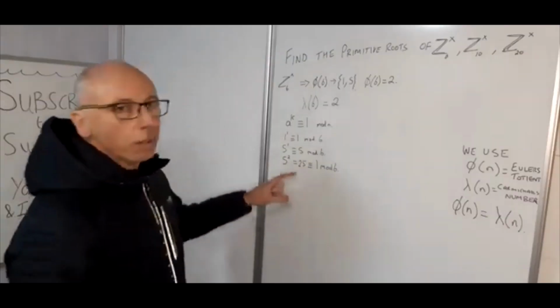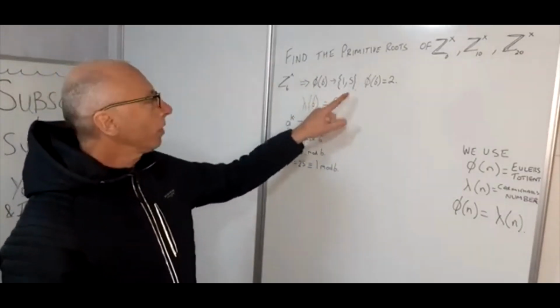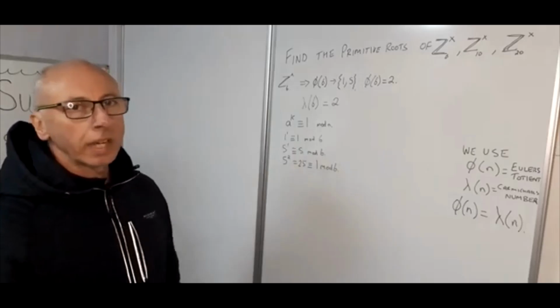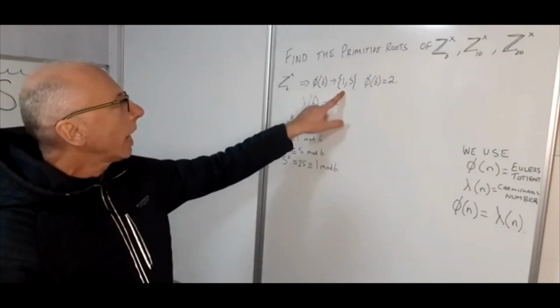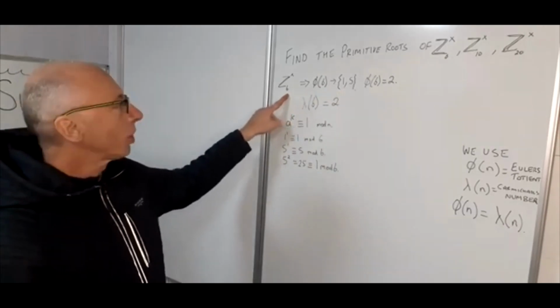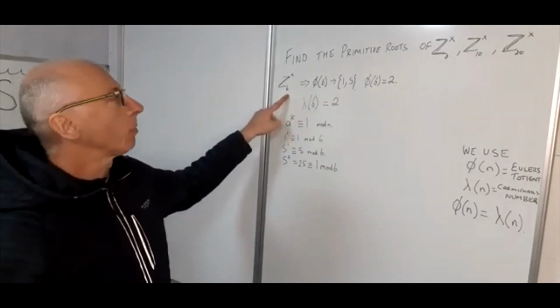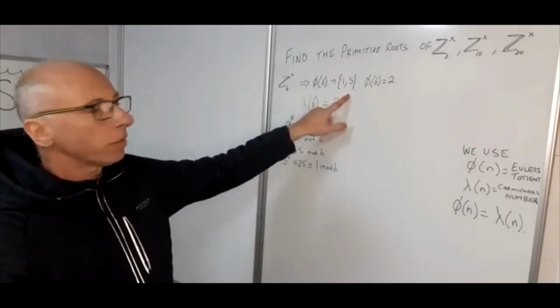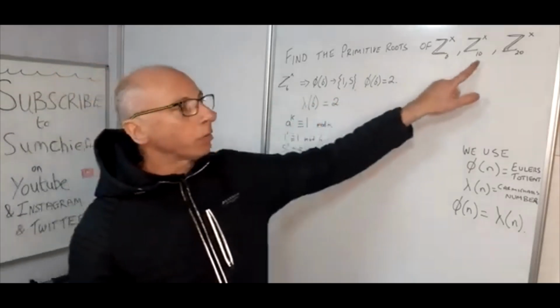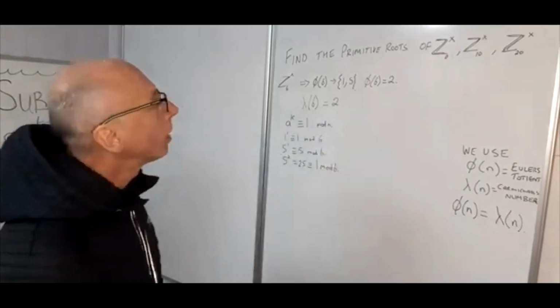Okay, so with this set here, 1 and 5, it's going to be reasonably straightforward to find out which is going to be our primitive root, because 1 acted upon by multiplication modulus 6 is going to keep generating 1. So if you use the 5, this will be a good way to demonstrate how it works before we move on to the slightly more complicated one for modulo 10.